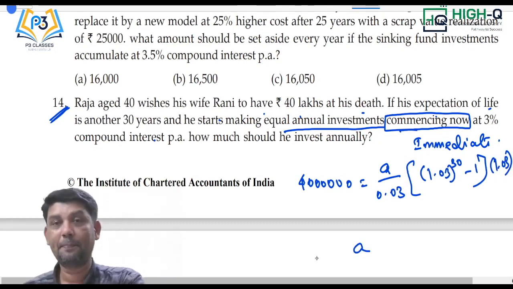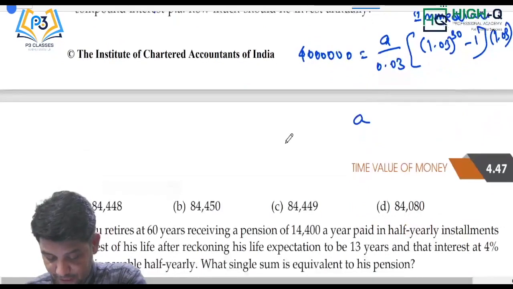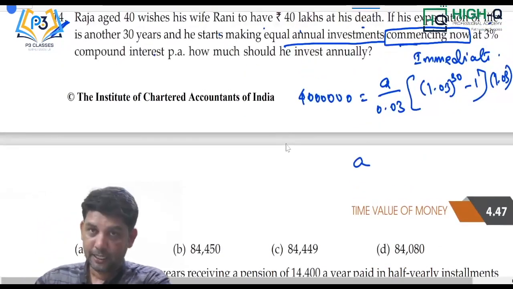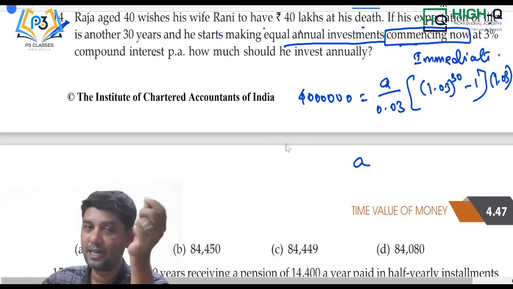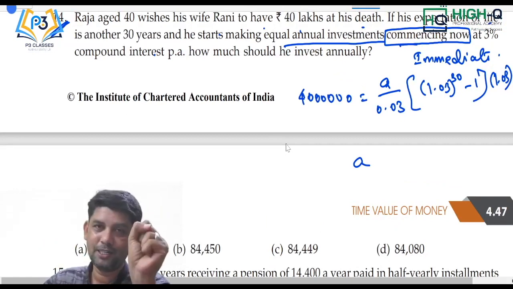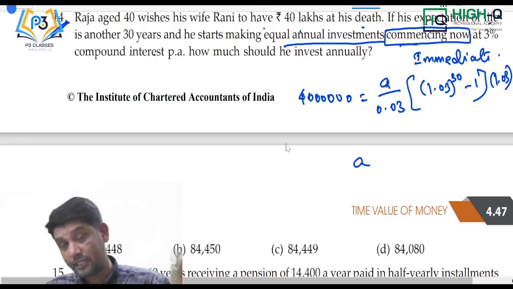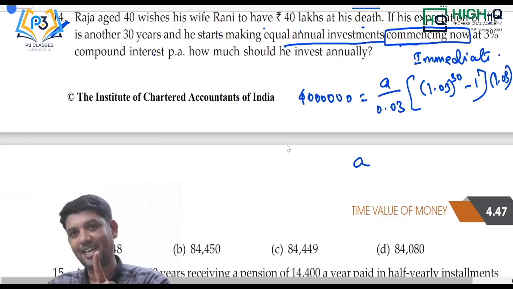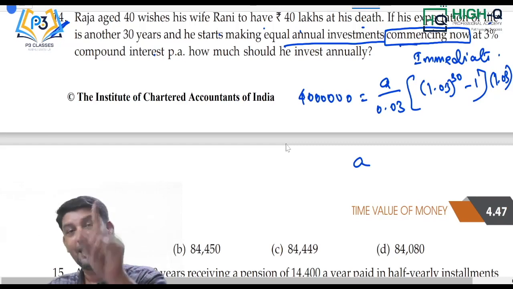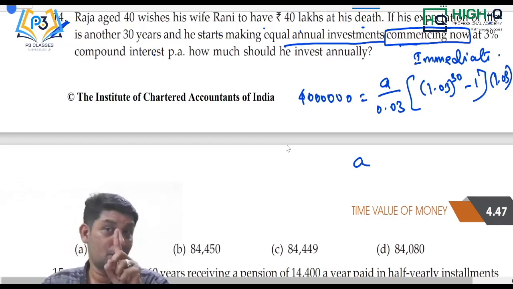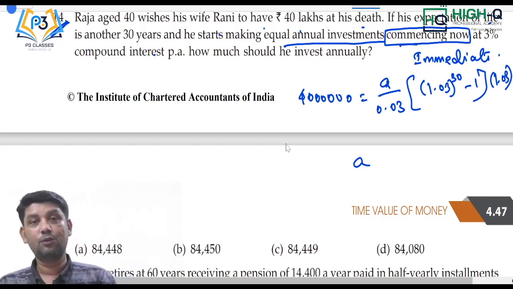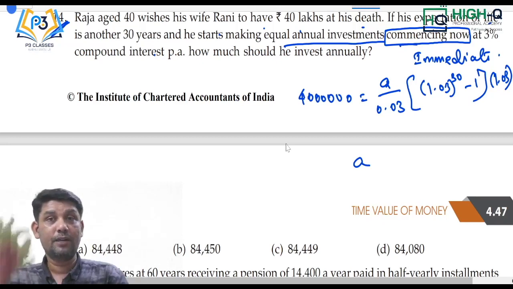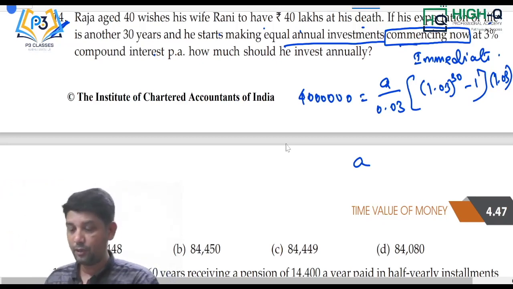But in your institute material, instead of finding the immediate annuity, they used the regular annuity formula and got the answer accordingly. But it is wrong. The same question was asked in the examination, and at that time they gave the immediate annuity answer in the option. So you have to be very careful. If the same problem comes in the examination, don't remember the way you did in the classroom. Commencing now is given, therefore it is an immediate annuity.